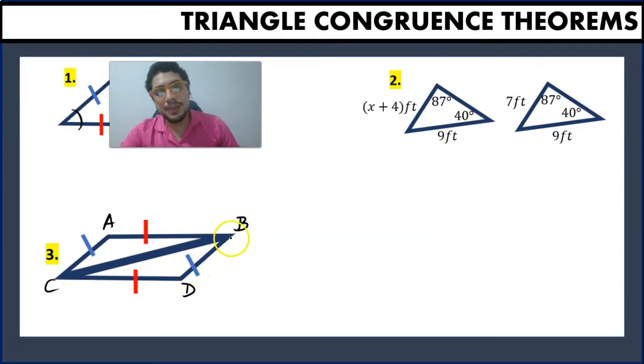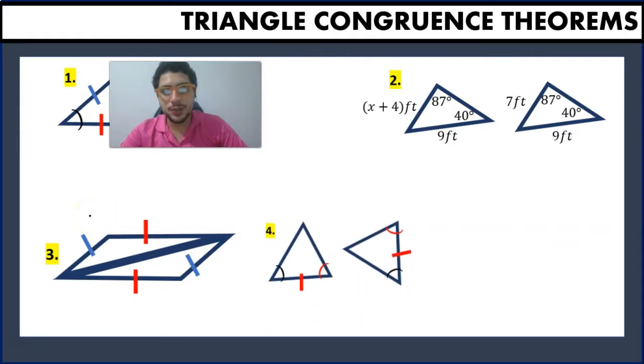But we know that CB is a side that both triangles have in common. So it is congruent with itself, meaning by the SAS theorem that the triangle CAB, right, and the triangle BDC are congruent.